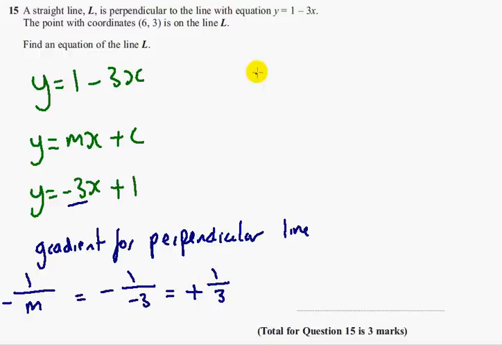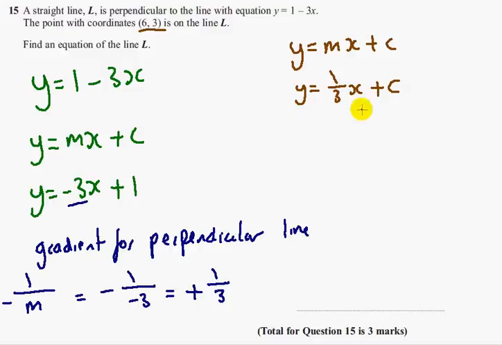So the perpendicular line is going to be y equals 1/3 x plus something which we don't know yet, c. Okay, so now we're going to substitute 6, 3 into here to find out what c is going to be.